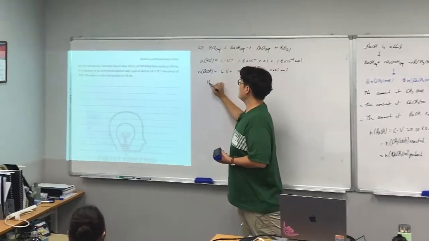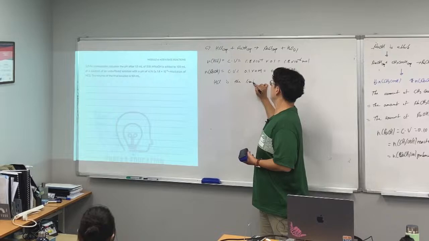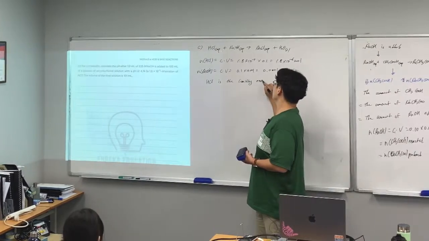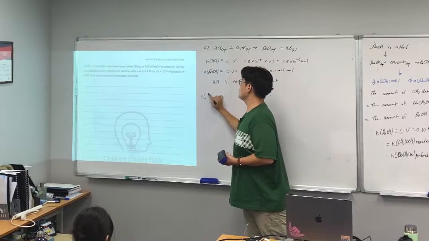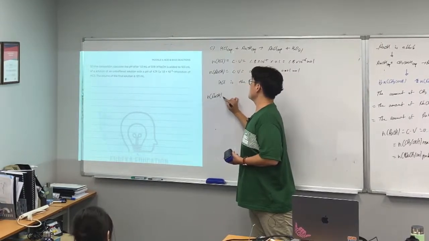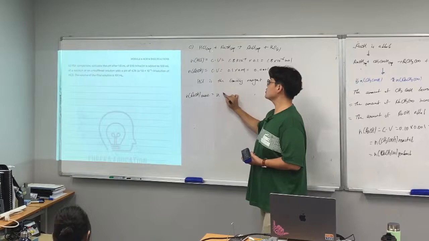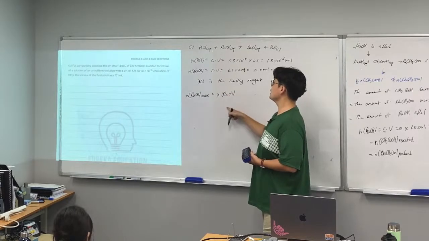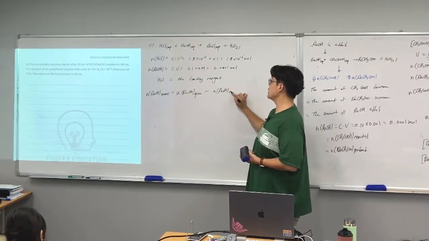So hydrochloric acid is the limiting reagent in this case. Then n of the sodium hydroxide in excess can be found by n of the sodium hydroxide that is given minus n of the sodium hydroxide that's reacted.